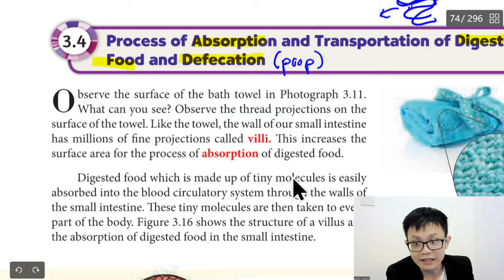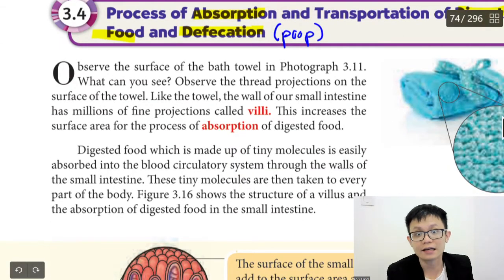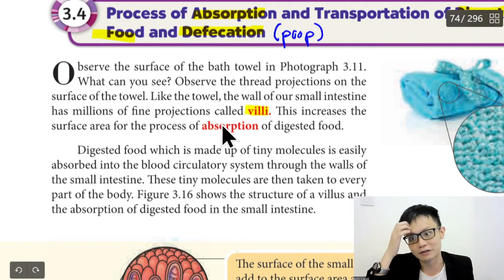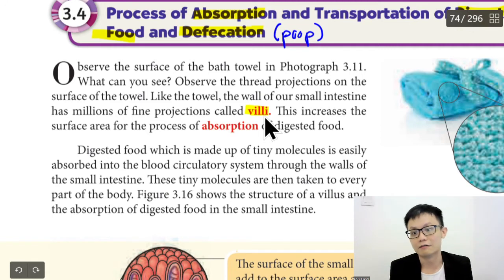The wall of the small intestine is made up of a thing called villi, or villus. One is singular, one is plural, but it's still the same thing.